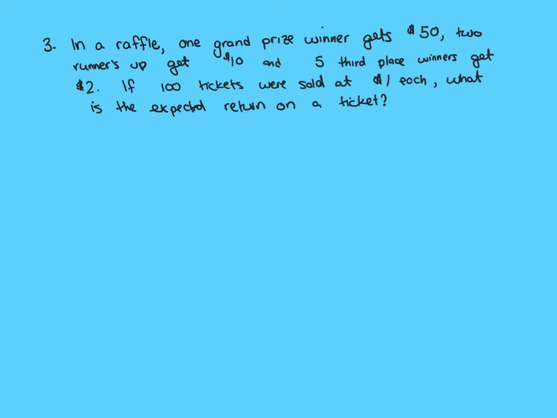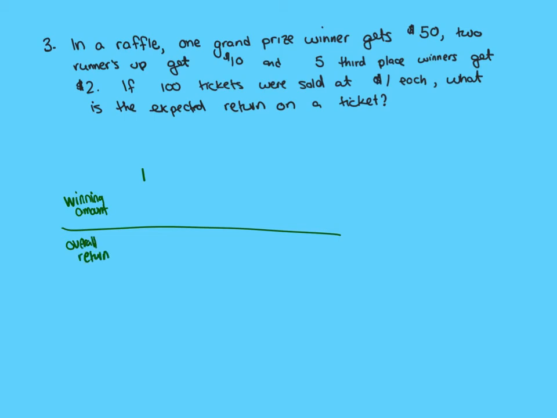So let's go ahead and write out all the different options. So there's 1 grand prize winner, and we'll put what they win, and then we'll put, so let's say winning amount. But remember, that person had to buy that ticket, so then we'll say sort of an overall return.